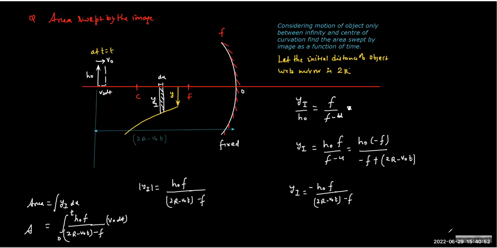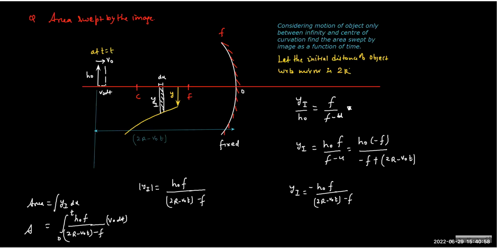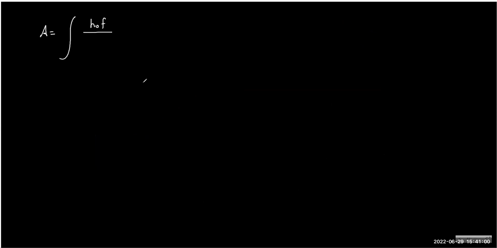H naught f, which is constant, and 2r minus f is a constant, minus v naught t into v naught dt. So you can take h naught f v naught constant outside, and we have something dt.